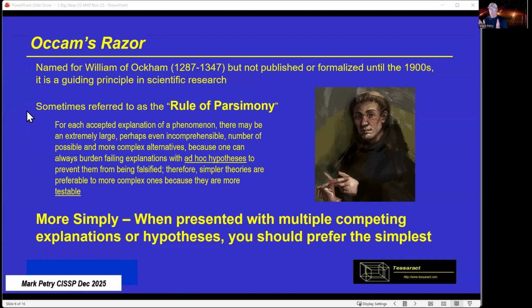When you have multiple possibilities to explain the same phenomenon, you should try to prefer the simplest, okay, unless there's some other compelling reason not to do so. This is commonly used in criminal investigations, sometimes in cybersecurity, and so forth. So a very important method to understand.